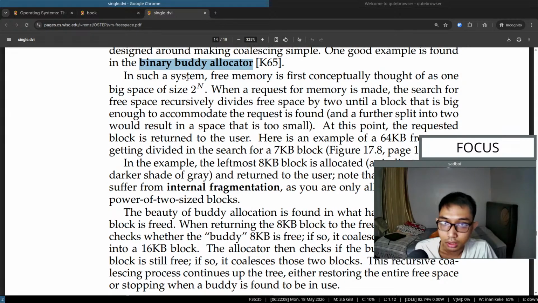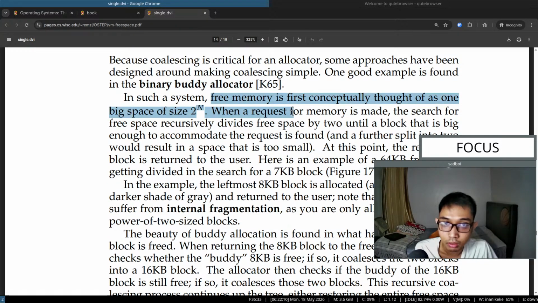Alright, in such a system, free memory is first conceptually thought of as one big space of size 2^n.